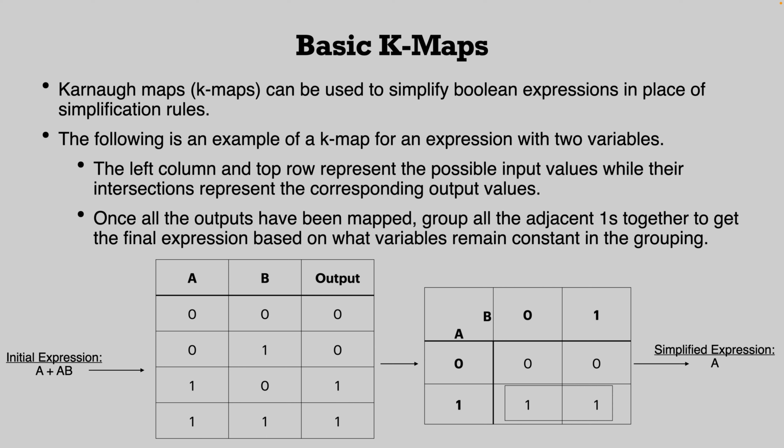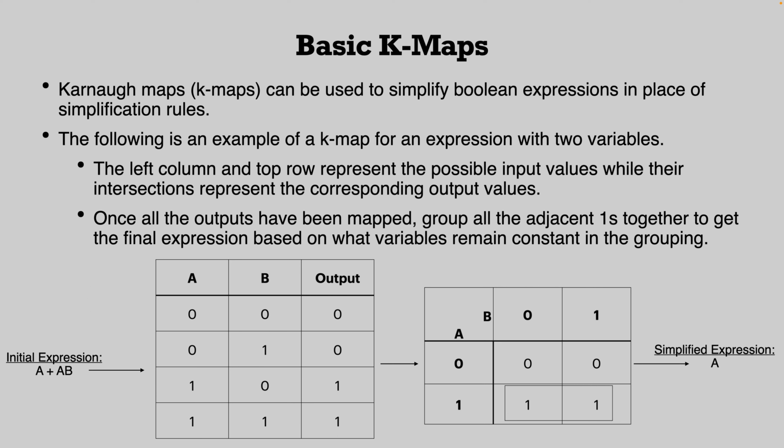At the bottom, we have an example of a two-variable K-map for the initial expression of A or A and B. We see that initial expression on the left, and there's a truth table for it next. Then the arrow points to what the K-map is.